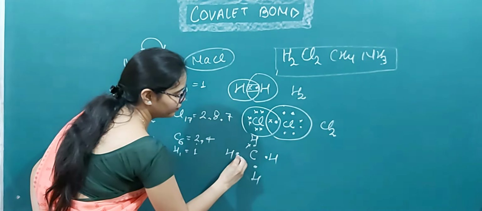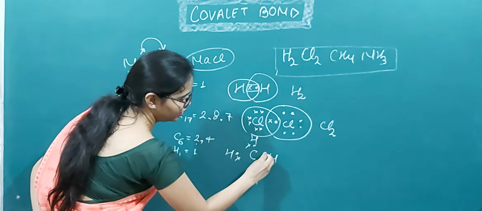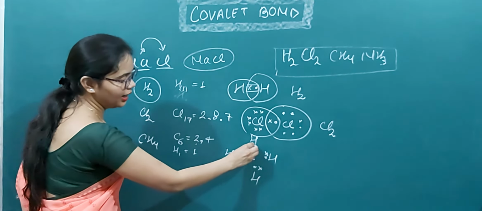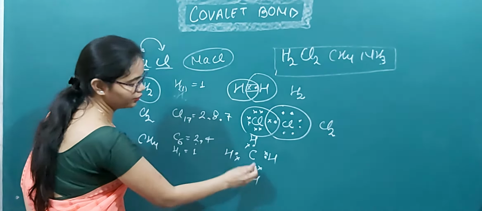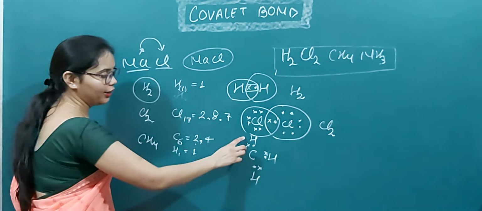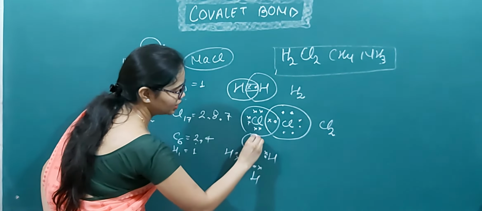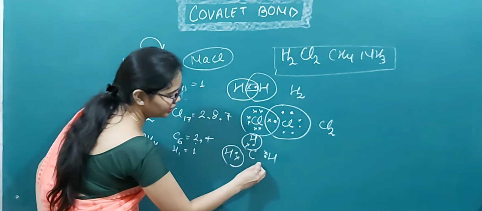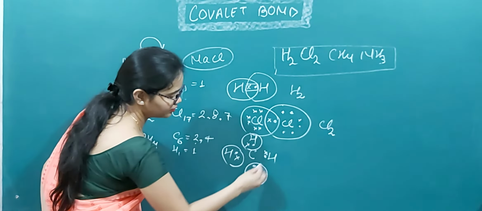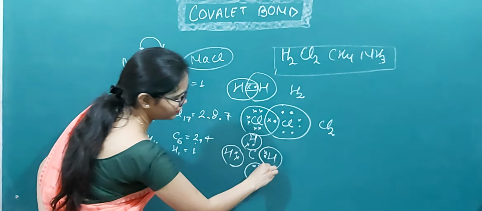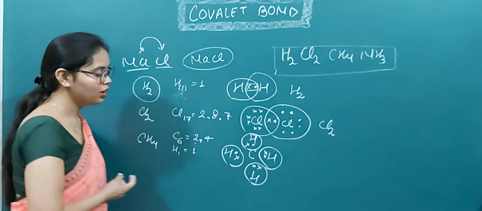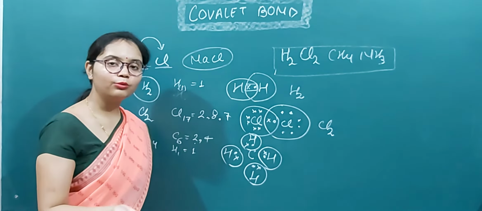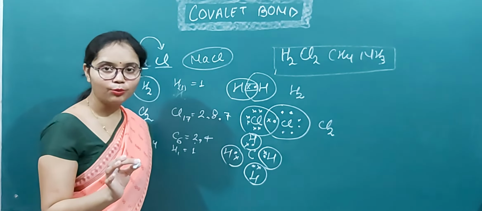So 1, 2, 3 and 4. The cross ones are the electrons of carbon and the dots show the electrons of hydrogen. Now each hydrogen atom will share 1 electron with carbon and complete its valence shell like this. As we know, carbon already has 4 electrons in its outermost shell, so it needs only 4 more electrons.